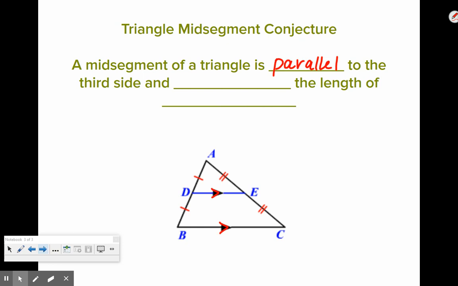Then it is half the length of the third side. So if the base is 20, then my midsegment would have to be 10. That midsegment is half of its opposite side, or that third side. Take a minute to write that down.